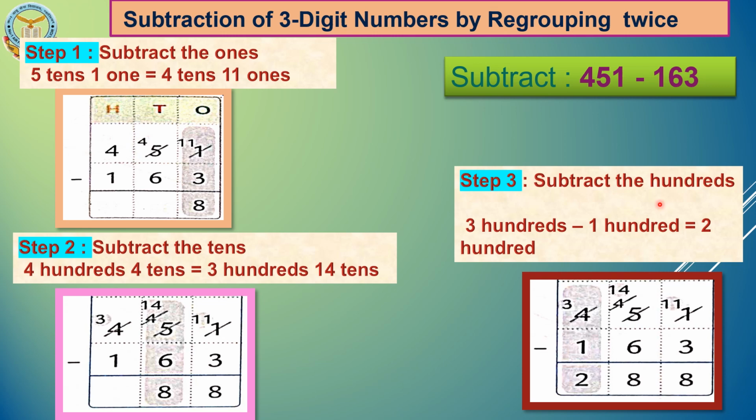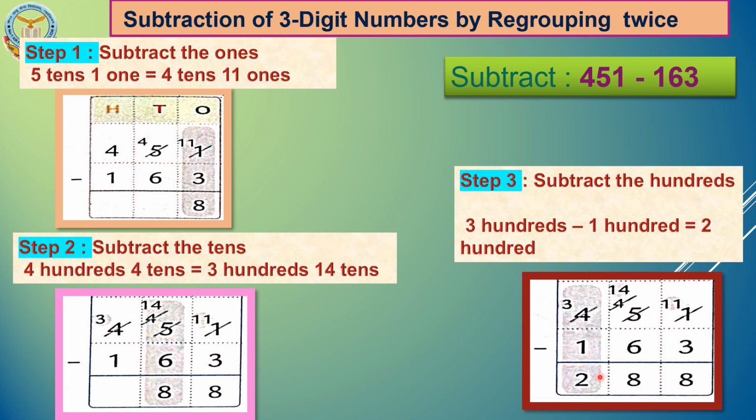Subtract the hundreds. In hundreds place, we see that 100 is less than 300s. So we can easily subtract 100 from 300s. 300s minus 100 is equal to 200.